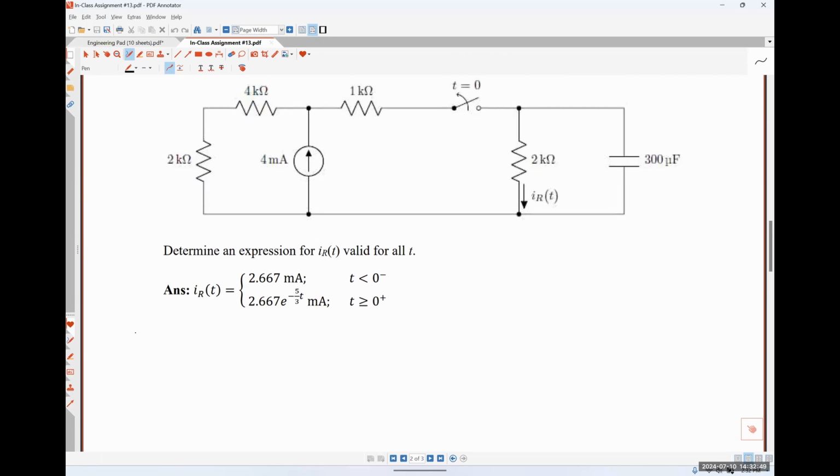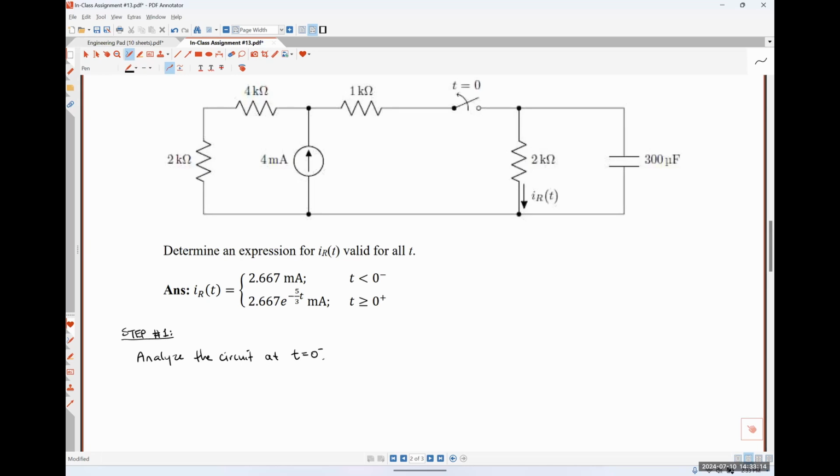So our first step is going to be to analyze the circuit at t is equal to 0 minus.